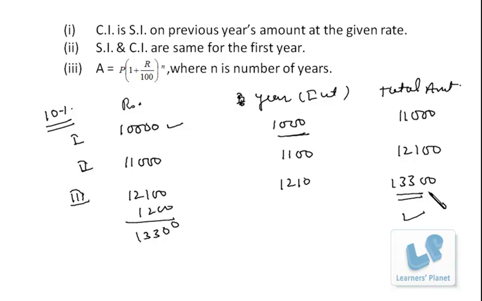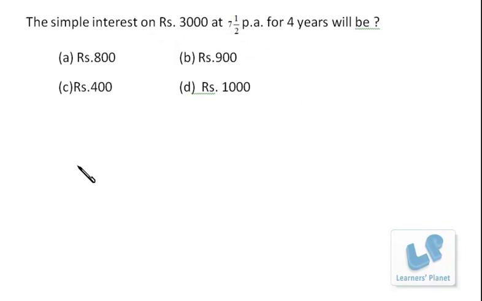Okay, so I hope you are clear between compound interest and simple interest. Now let's begin to solve the problems with a very simple problem. The simple interest on rupees 10,000 at 7.5% per annum for 4 years will be. Now simple interest is PRT by 100, where P is principal, R is rate of interest, and T is the duration in years.